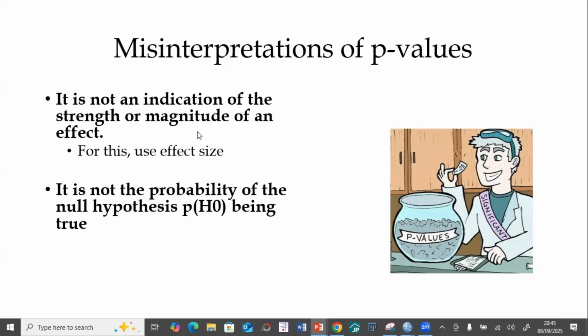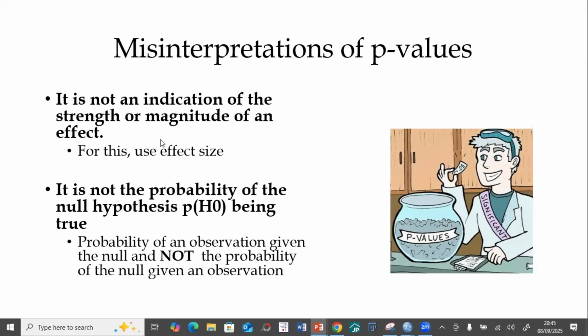Another misinterpretation of p-value is that it is the probability of the null hypothesis being true, as in it is the probability of there not being an effect in the first place. And most people would say, since that probability is very small, then our results are significant.